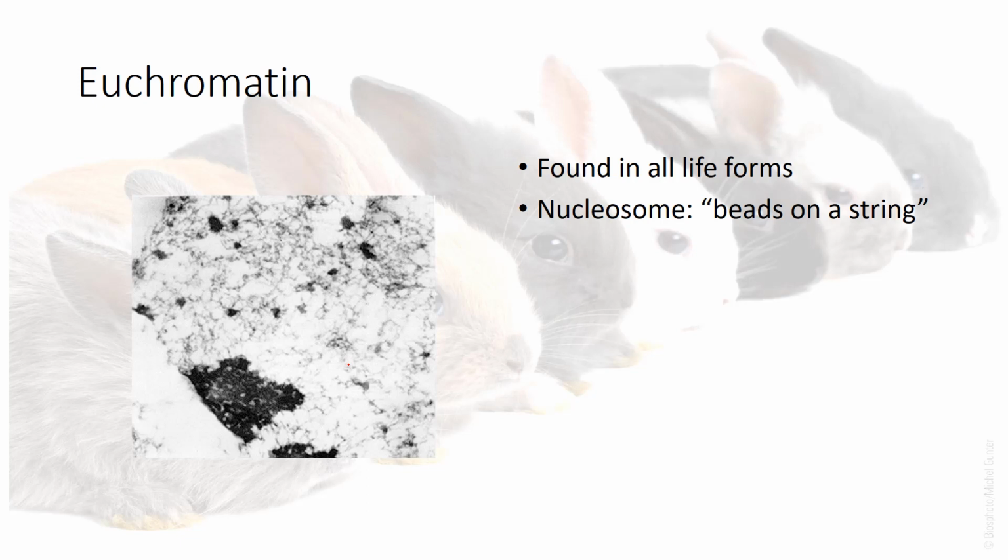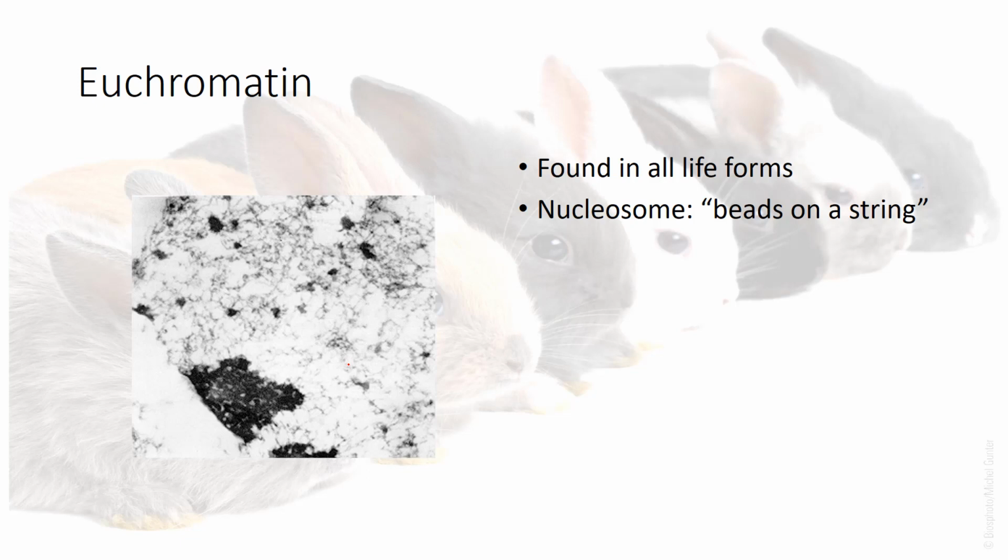And at least in eukaryotes, you have that nucleosome, or what we call beads on a string, colloquially. And so it's not completely decondensed, if you will. It is when it's at least the section that's being replicated or the section that's being copied into RNA, but the rest of it actually stays in this beads on a string with the DNA wrapped around a histone octamer forming this nucleosome.